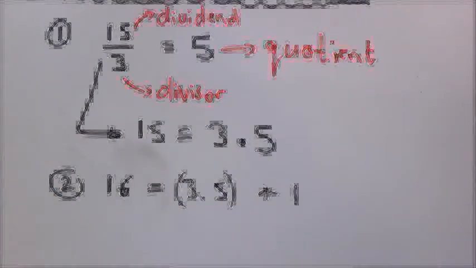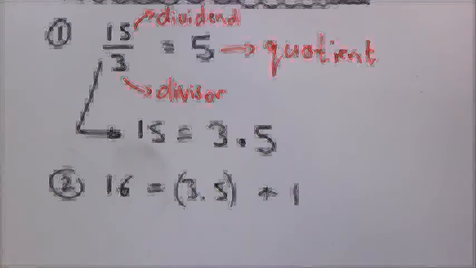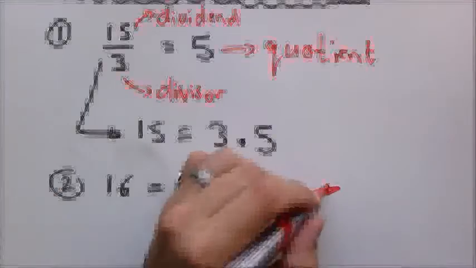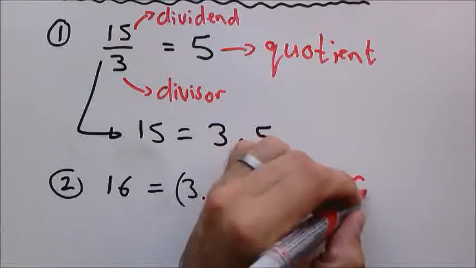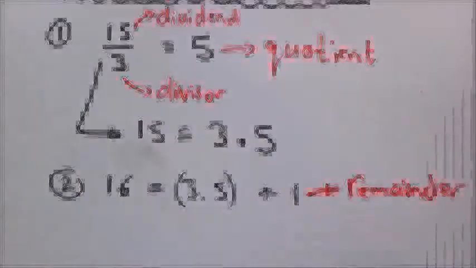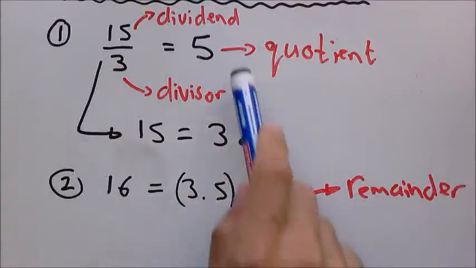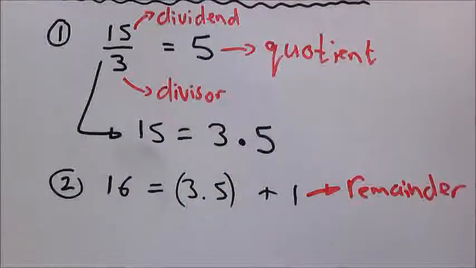Because we know now that 3 times 5 is 15, plus 1 is 16. So in this case, we have a remainder. This 1 is called a remainder. We had a remainder over here as well, but that was just 0.